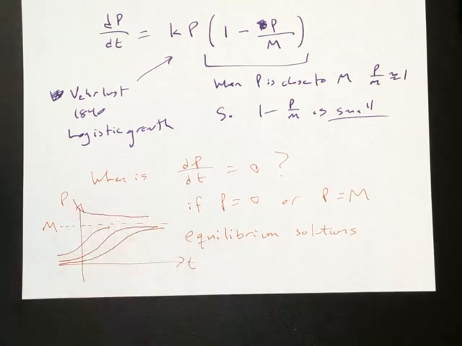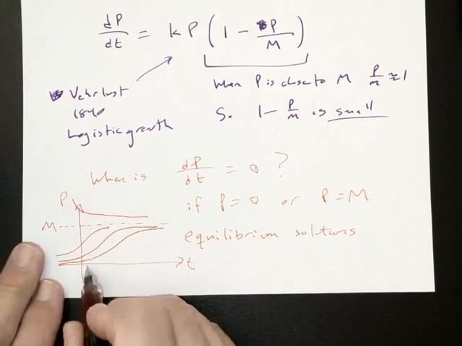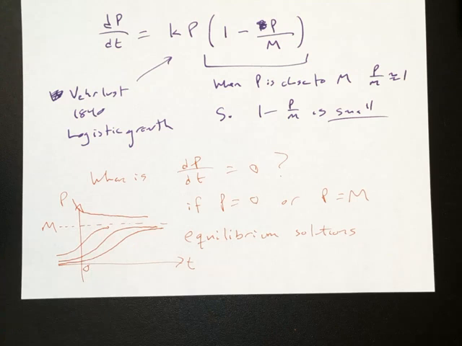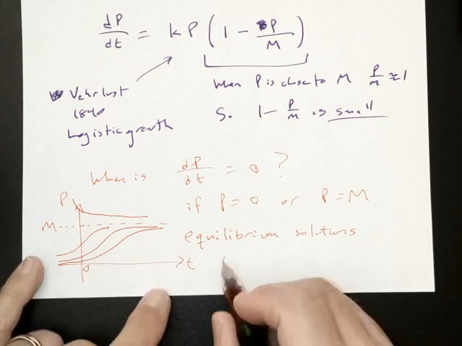And we see that all of those graphs are going away from the line y equals 0, and they're going towards the line y equals M.